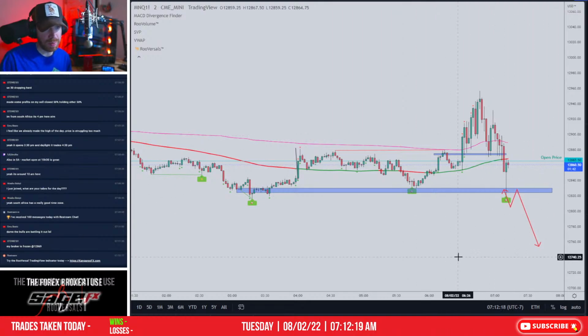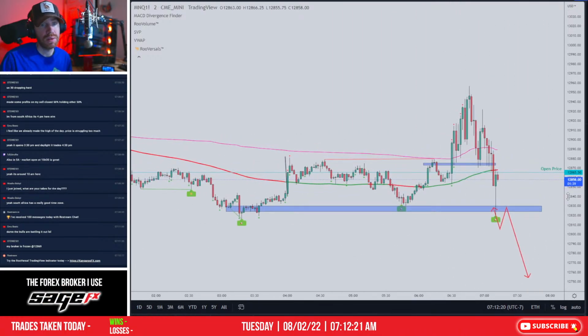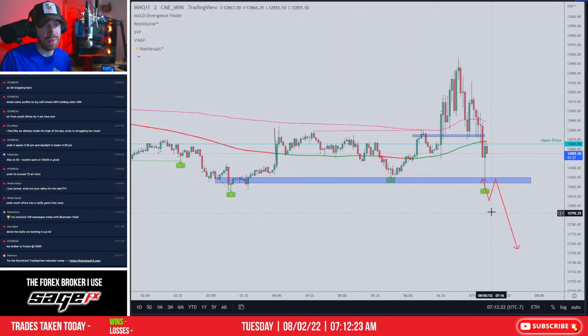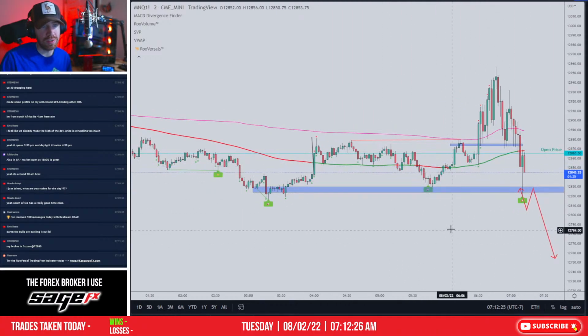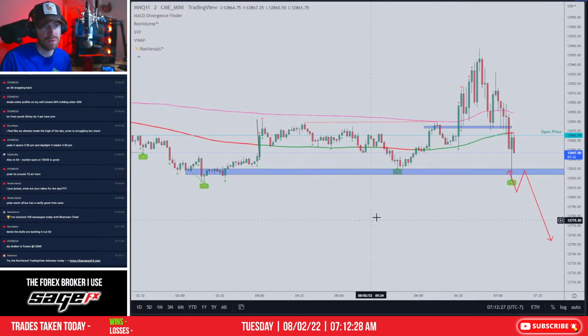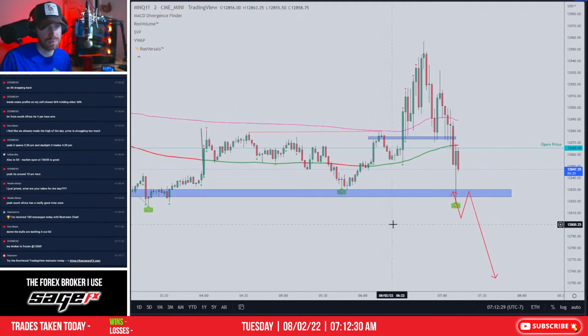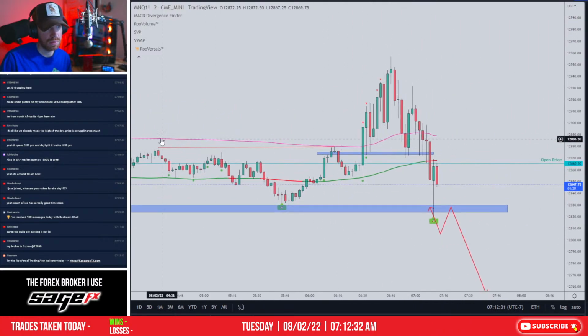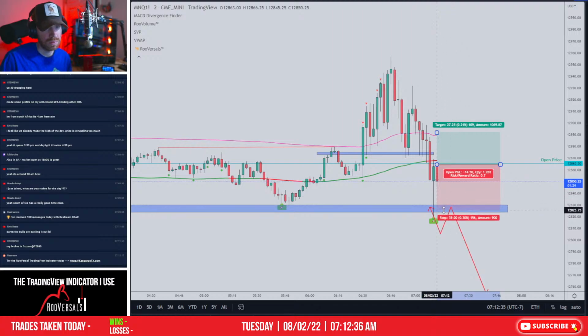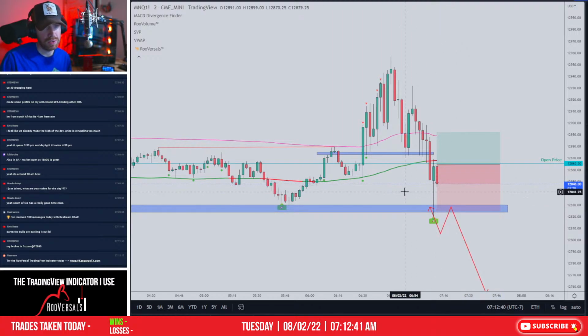That's kind of a weird spot. Ideally, you'd want to see that wick below the zone, not just touching it. It just looks fishy.